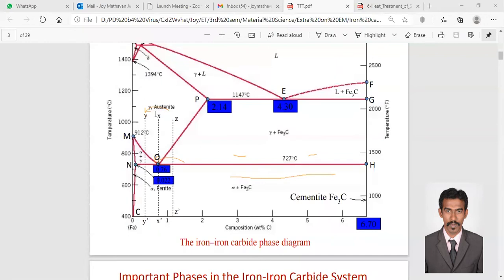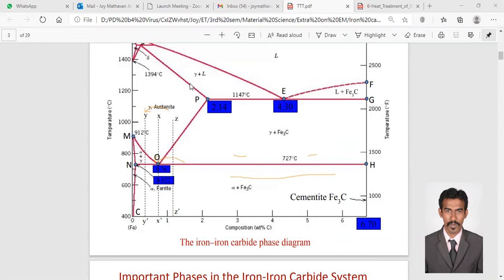It is FCC and single phase. Why we are saying single phase is that in this region only austenite is there. Okay, in this region only alpha, that is ferrite, is there. Okay, here in this region only delta is there. So these are the single phase regions, but in all the other regions they are mixtures. See, A plus B, A plus B, A plus B, right?